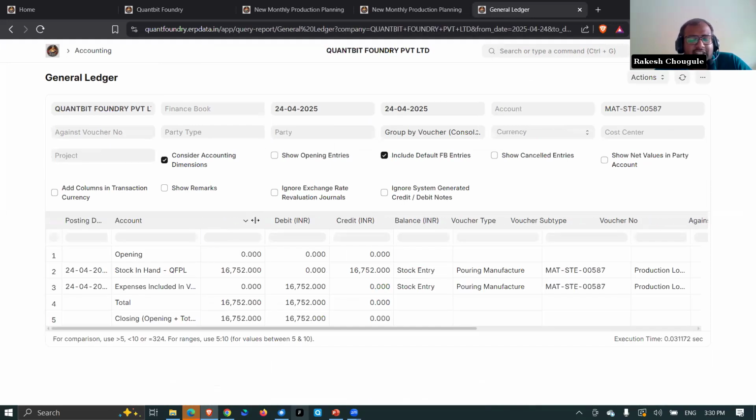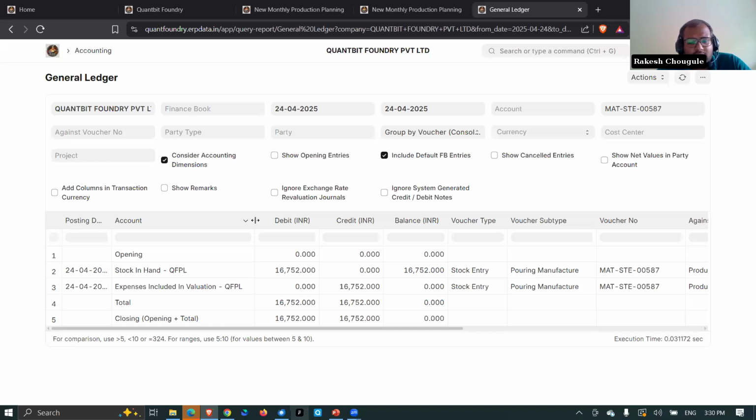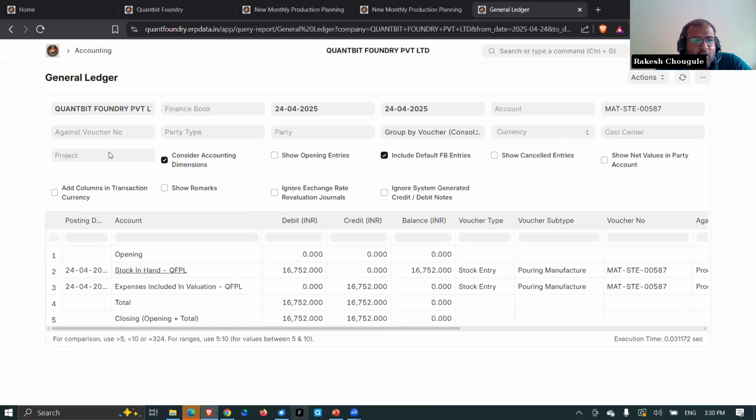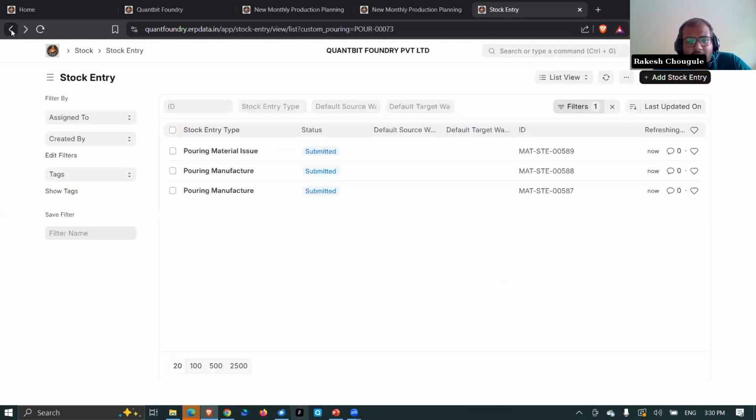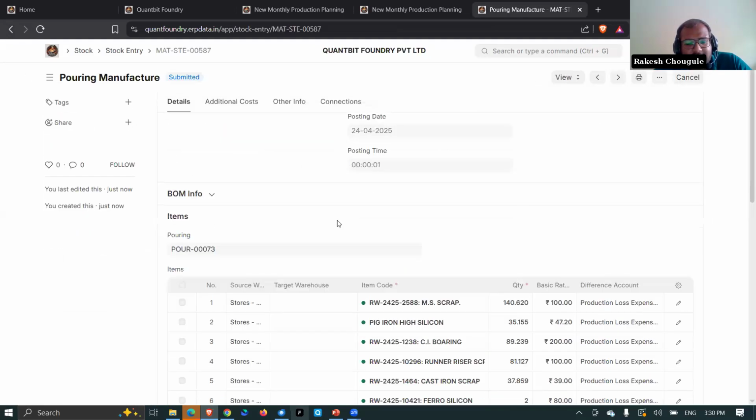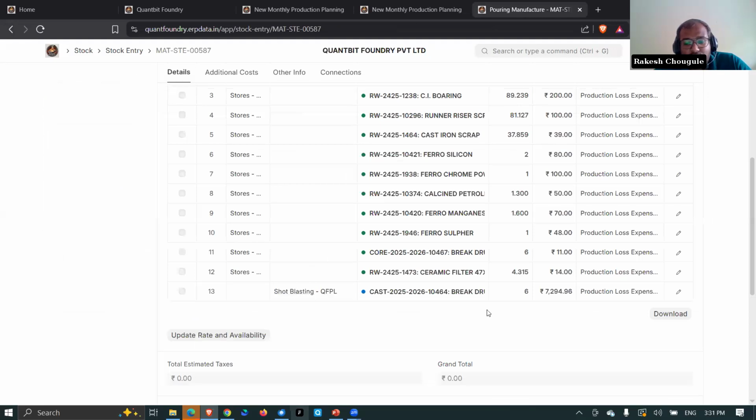So after each and every manufacturing entry, it has an impact on our stock, financial statement, balance sheet, profit and loss, everything from a single entry. So here you can see that my next stage is shot blasting. 6 quantities of the casting will be available for the shot blasting.